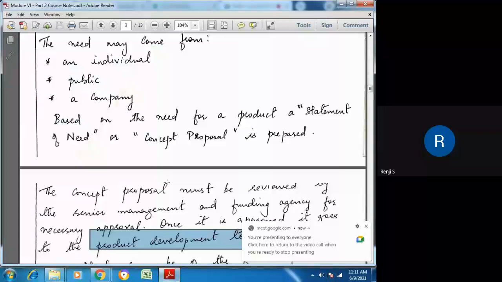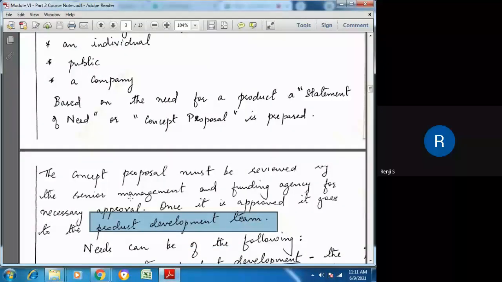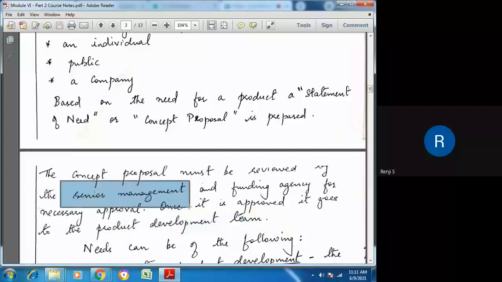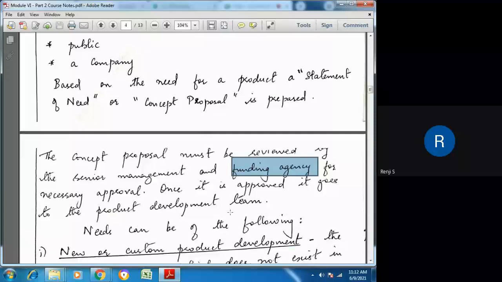Once a development company or team gets the concept proposal, it has to be reviewed by the senior management and the funding agency. Once they agree to the concept proposal, it is passed to the development team.